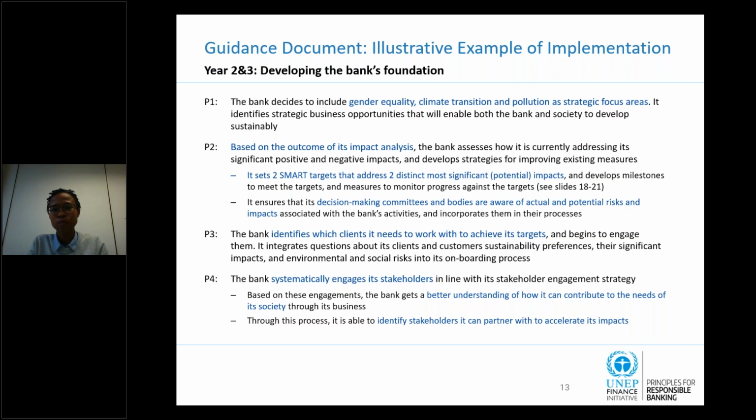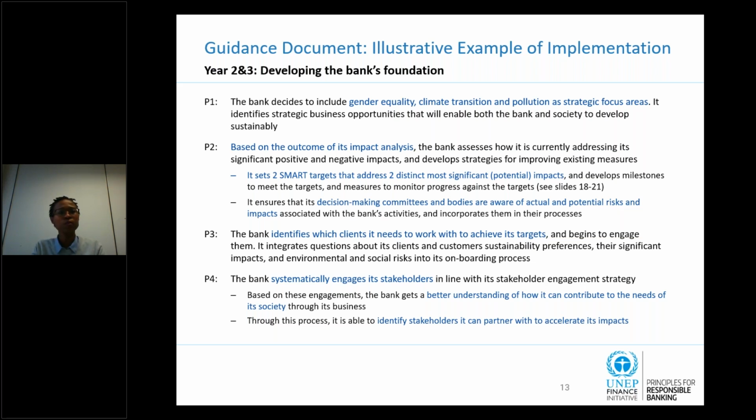So if we look at the next slide, which highlights year 2 and year 3, possible examples of what banks could be doing in year 2 and 3. Again, developing the bank's foundation. This follows from year 1 in terms of principle number 1.